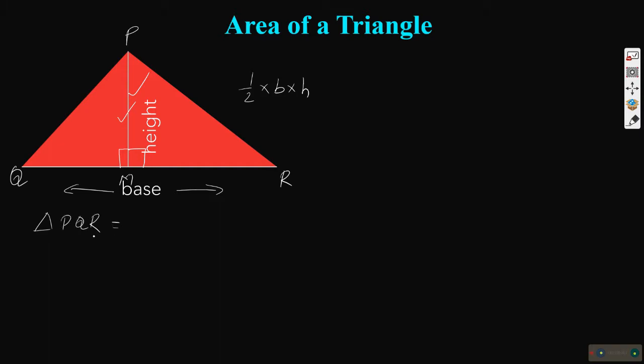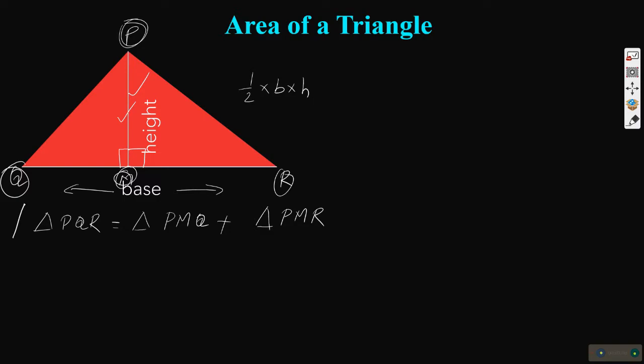Which are they? One triangle is triangle PMQ and the other triangle is triangle PMR, correct? PMQ and PMR are the two triangles by which the triangle PQR is formed.